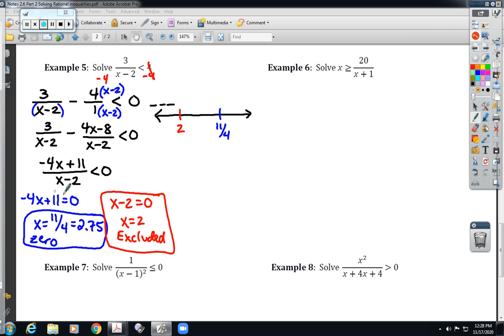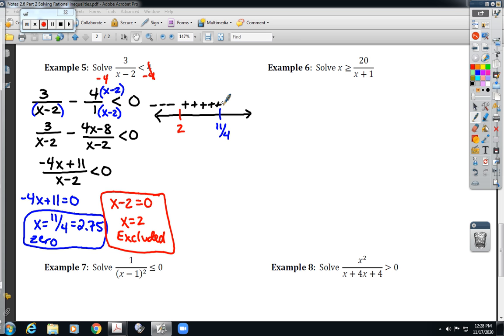On the bottom, I have 2.5 minus 2, which is 0.5. So it's positive as well. So the top is positive, the bottom is positive. That makes the entire fraction positive.